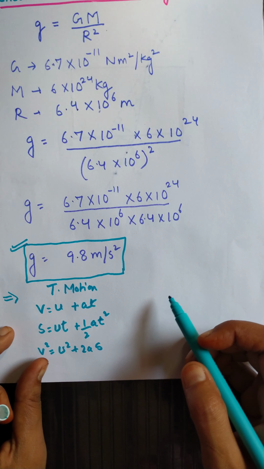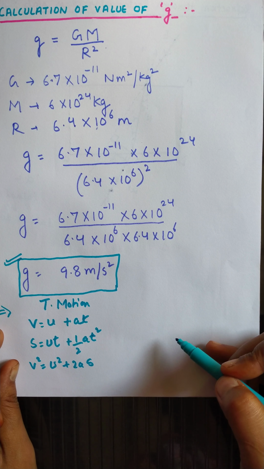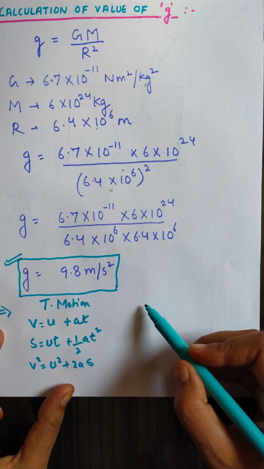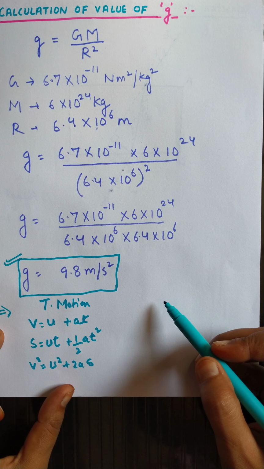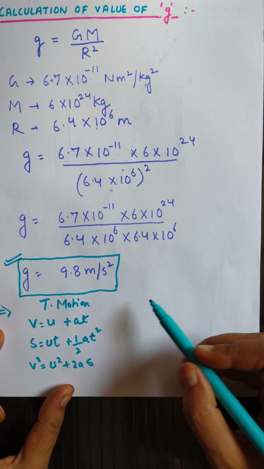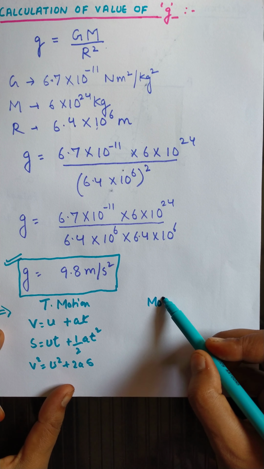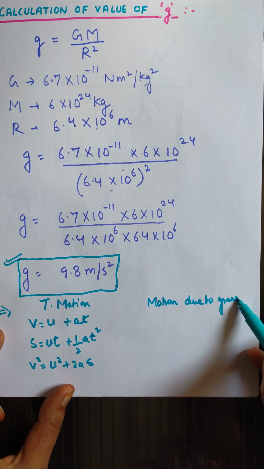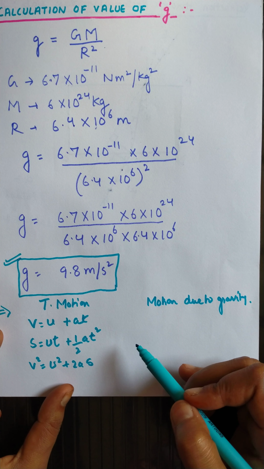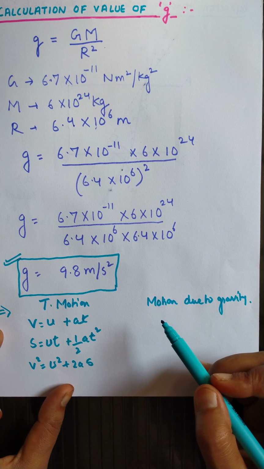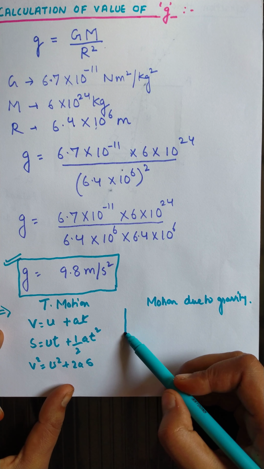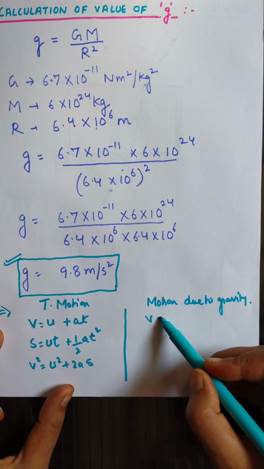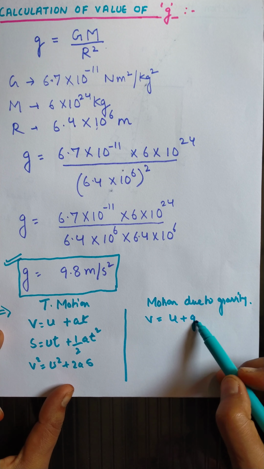But if the object is moving towards the earth or away from the earth, that is, if we are considering the motion of an object under the influence of gravitational force, in that case we will modify the equation like this: v is equal to u plus gt.